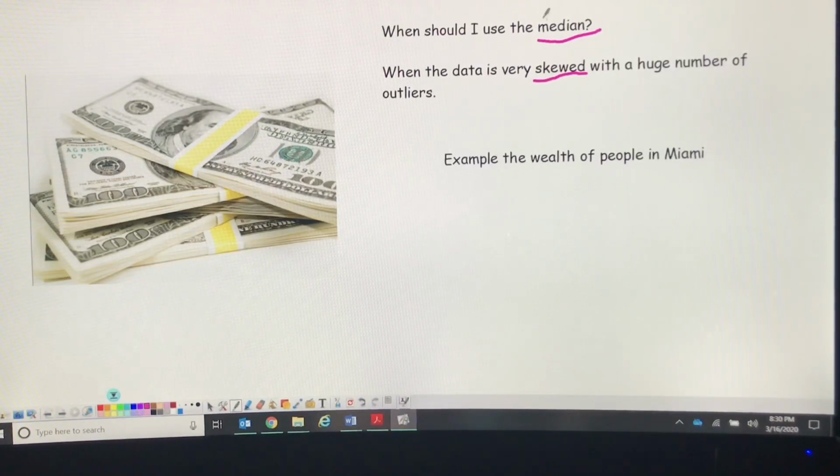But we use the median as the preferred summary if there are a huge number of outliers. For example, the wealth of people in Miami. You have some that are extremely low class and you have others that are very, very wealthy. Those would be your higher end outliers that throw off your mean. So your median is the better measure of center.